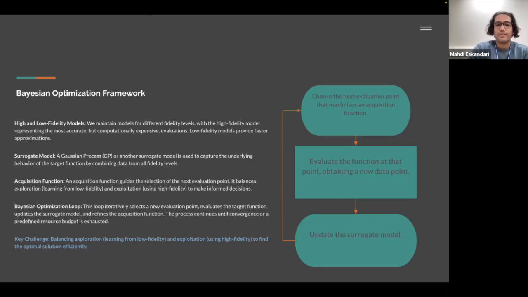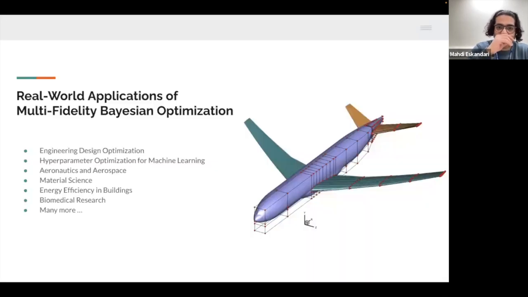This is a challenge that I'm going to discuss further. There are some real-world applications of multi-fidelity Bayesian optimization, or even Bayesian optimization, in engineering design, hyperparameter tuning of machine learning, aerospace or aircraft designing, and many more.